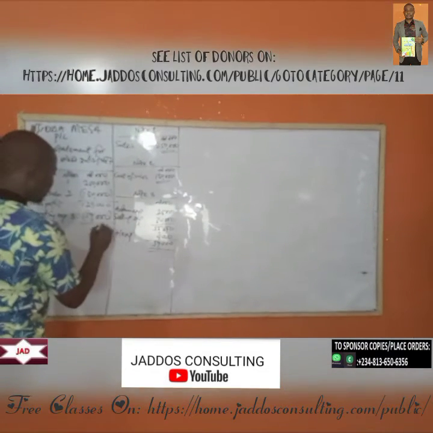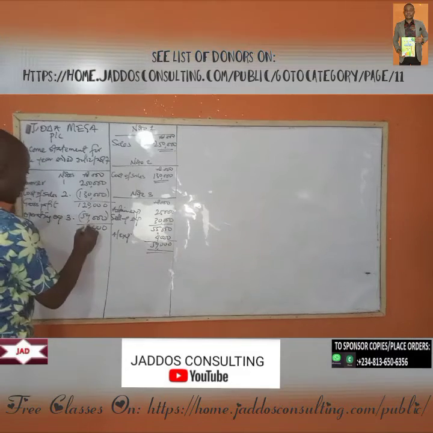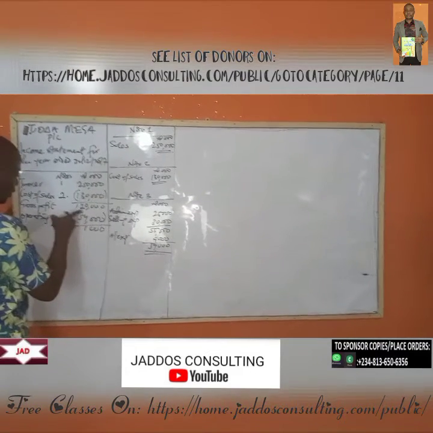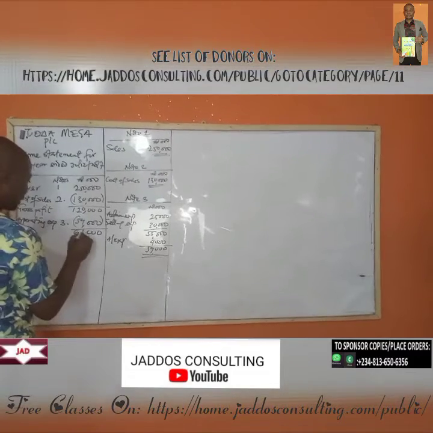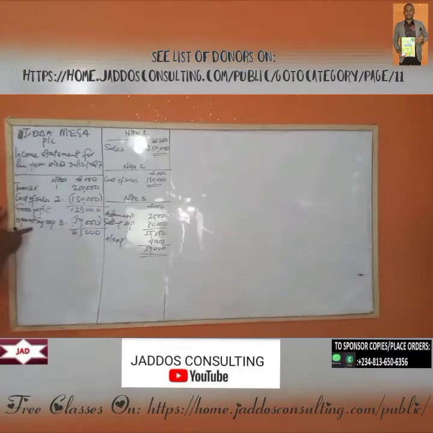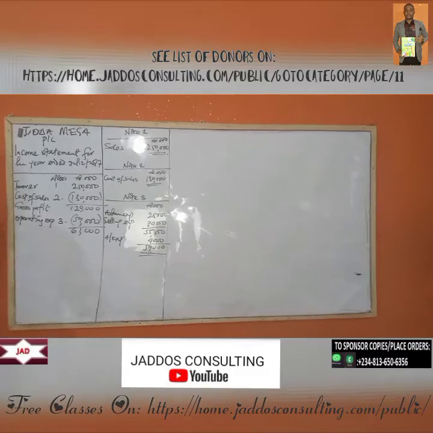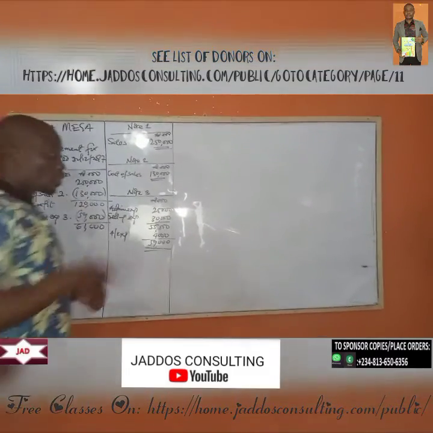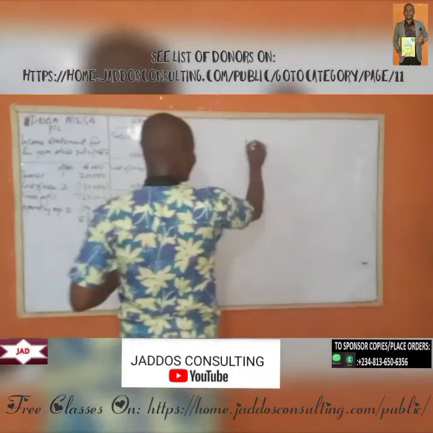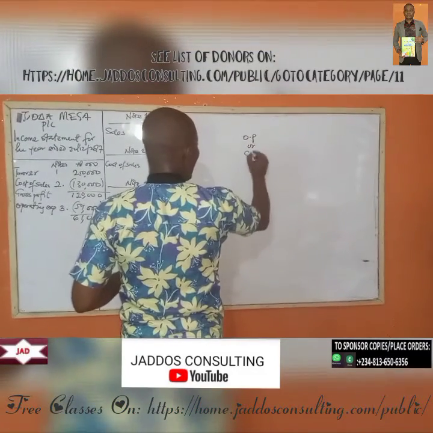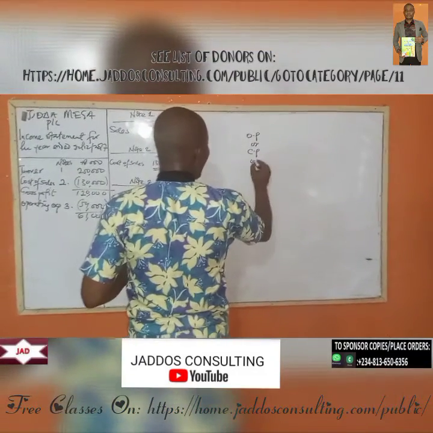What do you have? 0, 0, 0. 10 minus 9 is 1. This will be 11. That will be 61 million. So this is the operating profit or core profit.